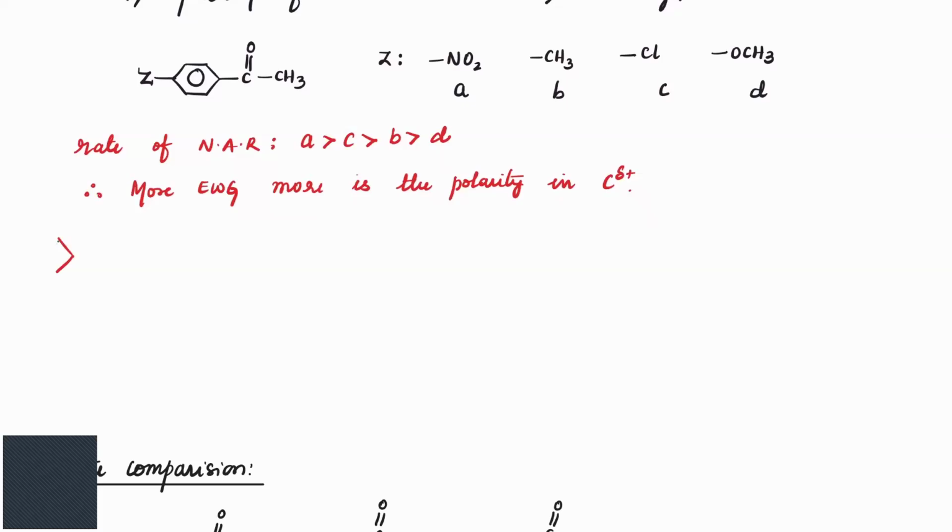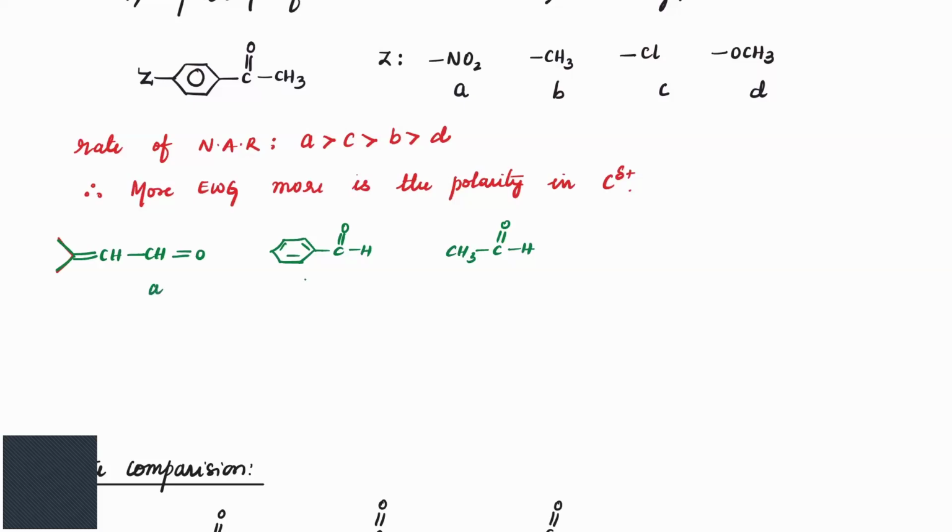Suppose you have CH double bond CH, CH double bond O, and I compare that with benzene, this way C double bond OH, and then I compare that with CH3, C double bond OH.